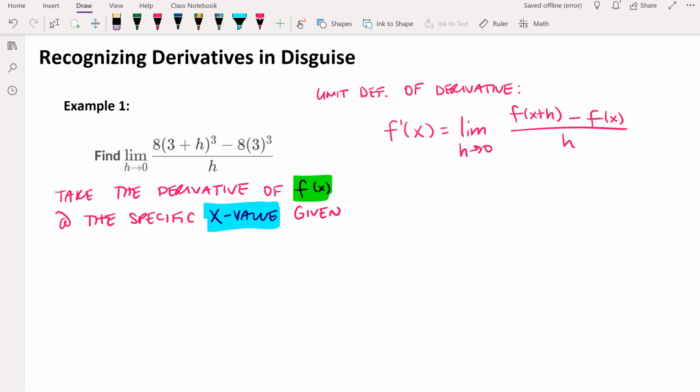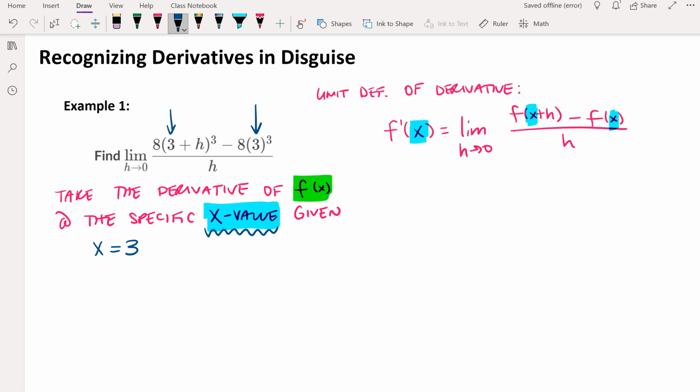Where is x plugged in? Well, x is right here. I also see it right here, and I see it right here. So x should be the easiest thing to find. Our x value is right there and right there. Our x value is 3. So let's write that down. X equals 3. So we have one of the pieces that we need to find.